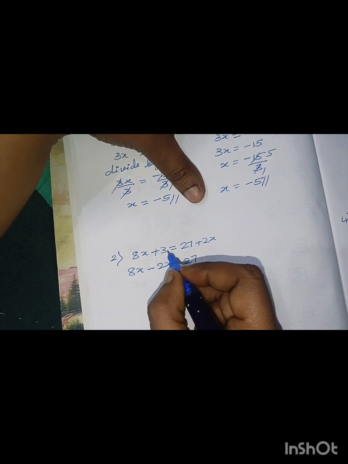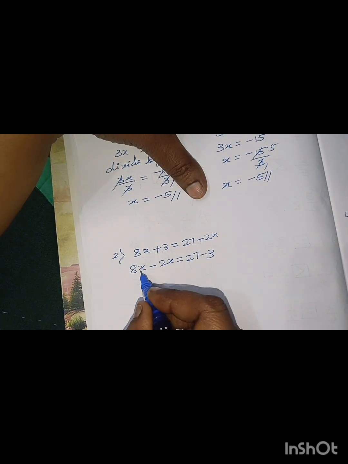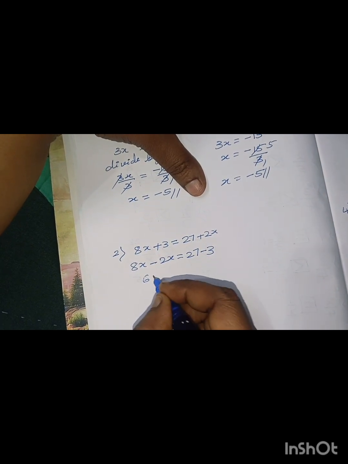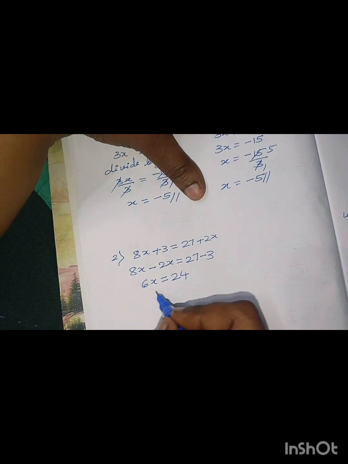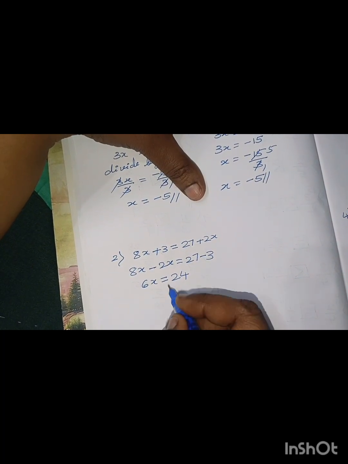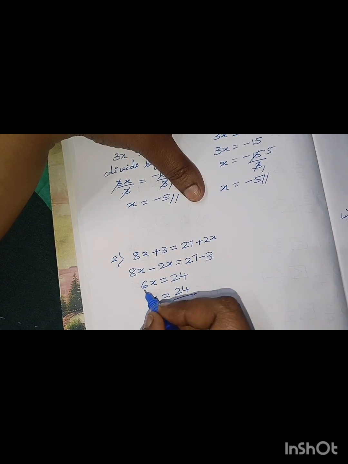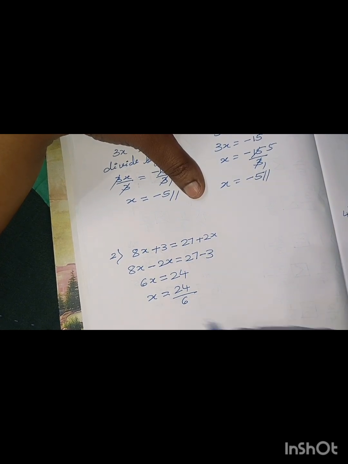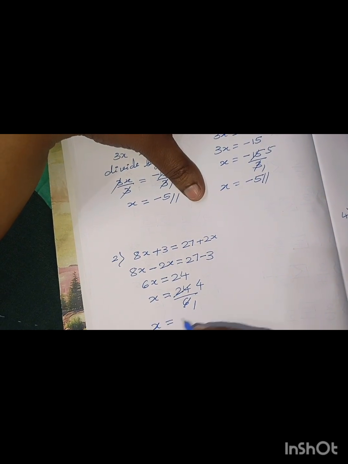Transpose this plus 3 to the RHS, it will become minus 3. Now 8x minus 2x is 6x. 27 minus 3 is 24. Now transpose this 6 to the RHS, multiply by 6 will become divided by 6. 6 ones are 6, 6 fours are 24. x equals 4.